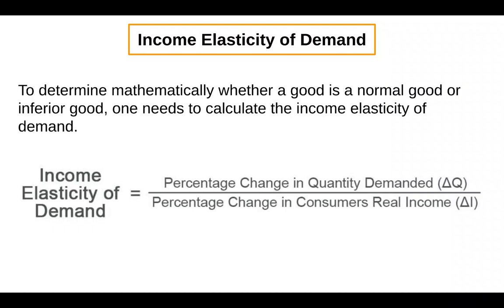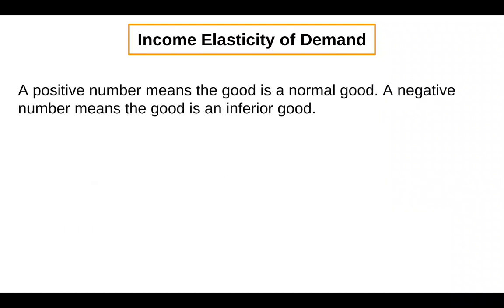So that is the formula. And once again, the sign matters. So do not do absolute value. It is the sign that matters here. So let's go ahead and apply the formula. But to do that, we need to know what the sign means.